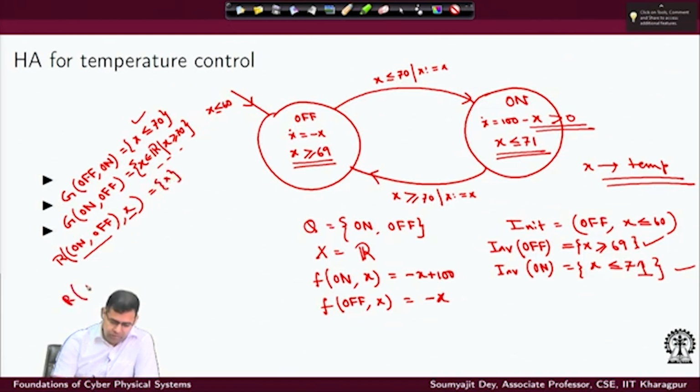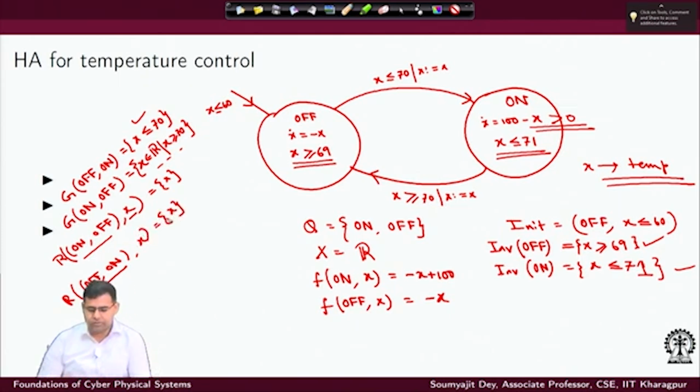Similarly, for this edge from off to on, for this variable it is x only, right. So, that is how you have it. So, fine, let us move on with some more interesting examples here.